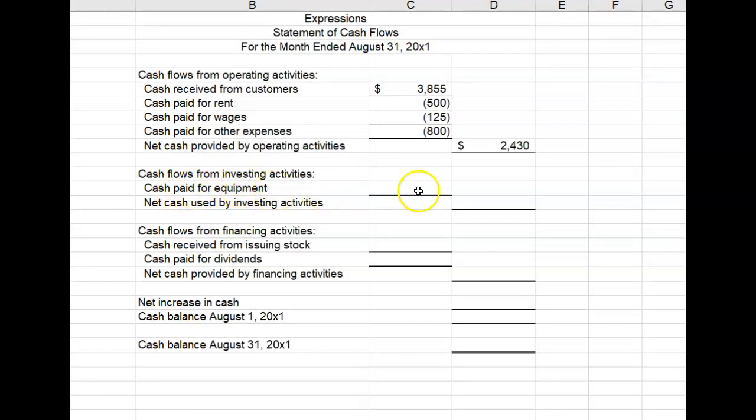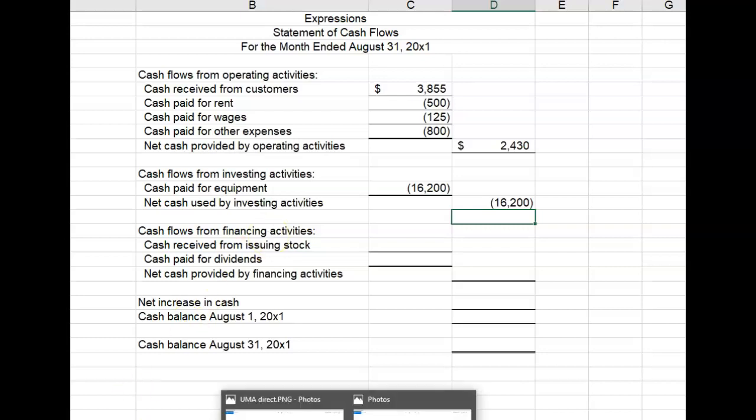Cash paid for equipment, $16,200. And remember, if there's cash being paid out, you put it in negatives. And that's the only transaction that happened in our investing activities. So put a line under that and add that column up, and you have cash used by investing activities, $16,200.